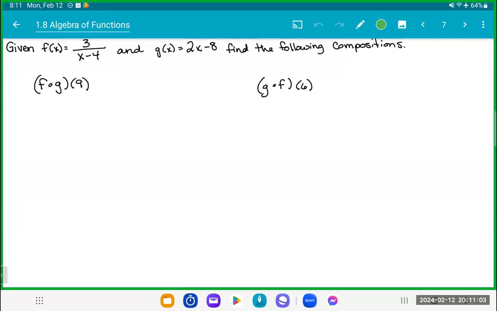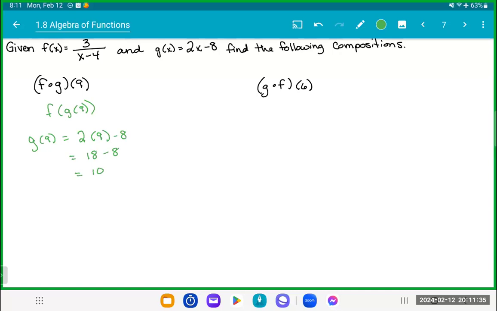So for this first one, we're looking at f of g of 9, right? The first thing, let's just evaluate g of 9. g of 9 is going to be 2 times 9 minus 8, which is equal to 18 minus 8, so it's 10.